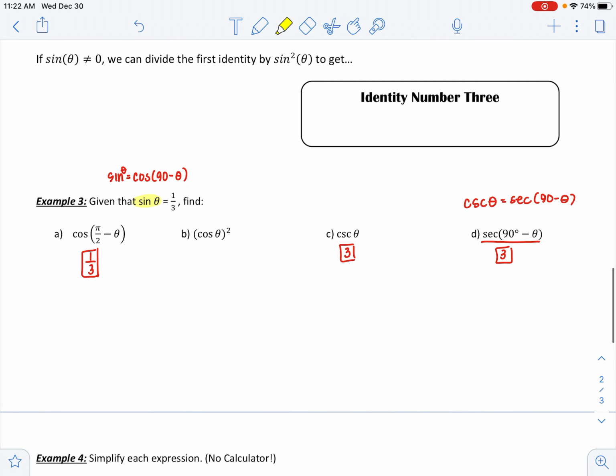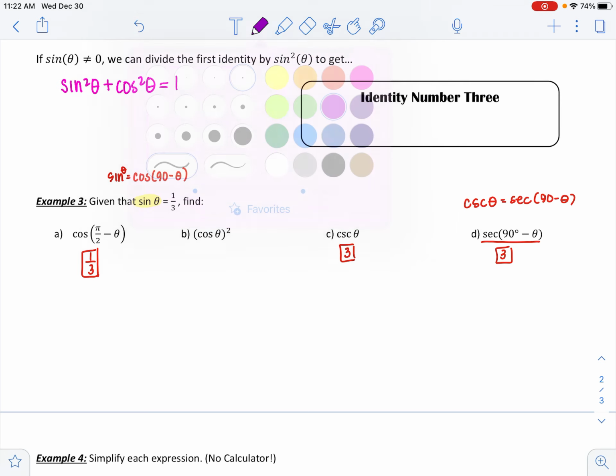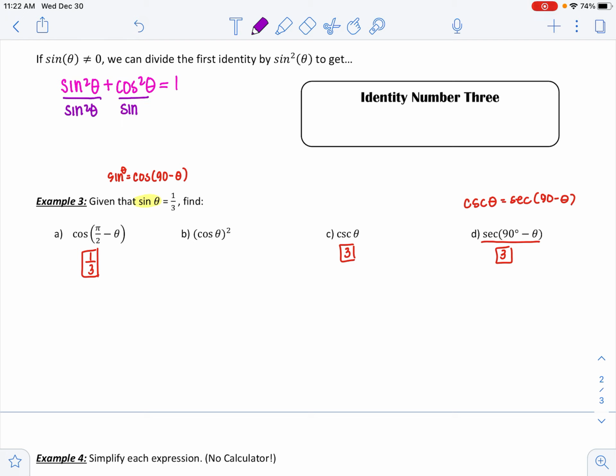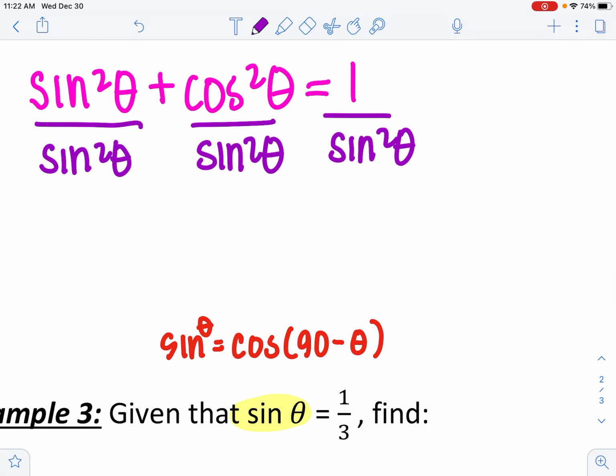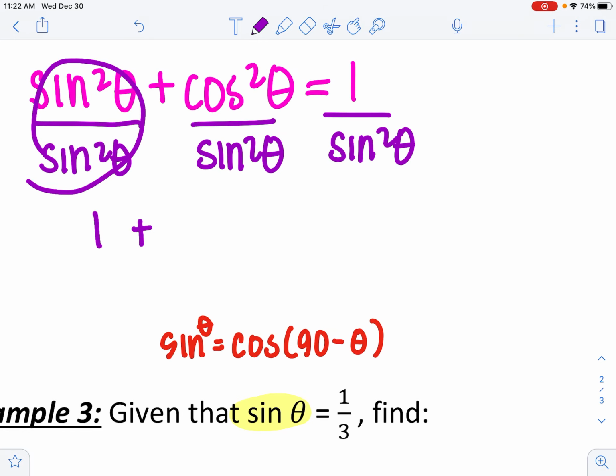All right, so the very last one we get by taking the original, sine squared of theta plus cosine squared of theta equals 1. And now we're going to divide everything by sine squared of theta. What can I change these to? Sine squared over sine squared is 1, plus.